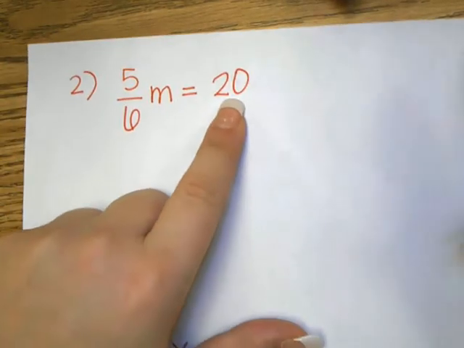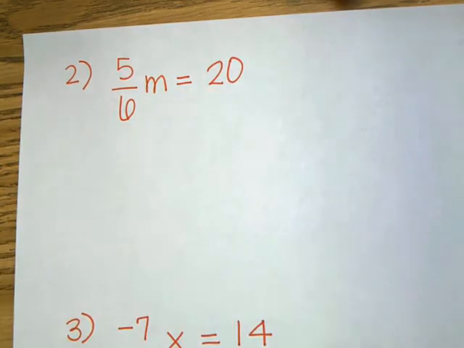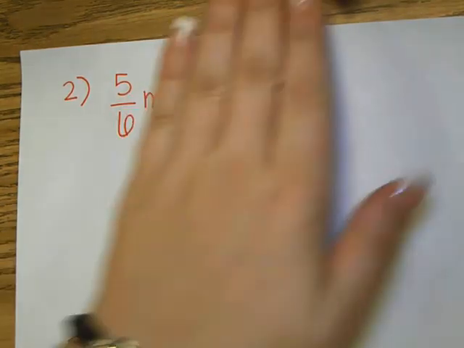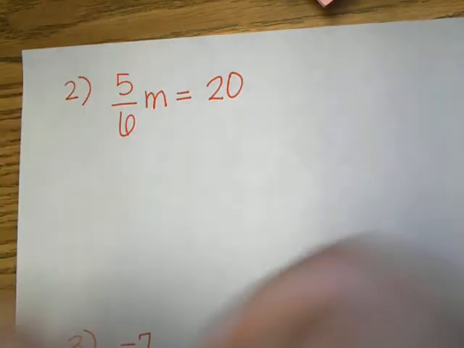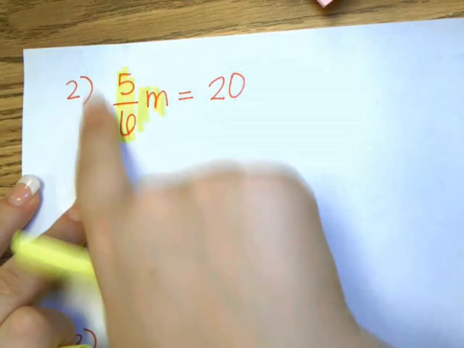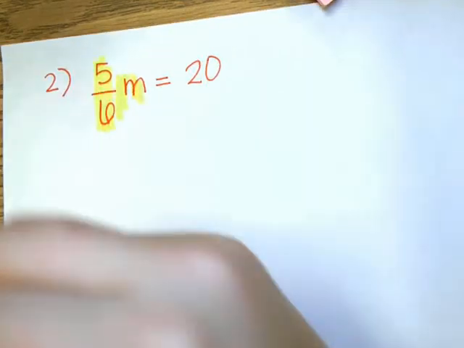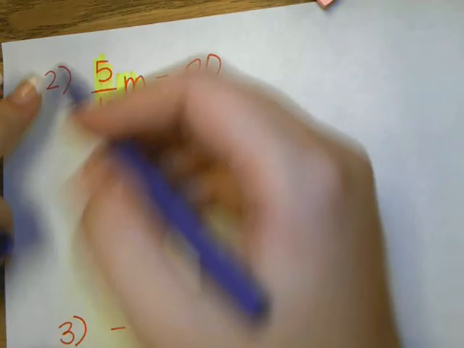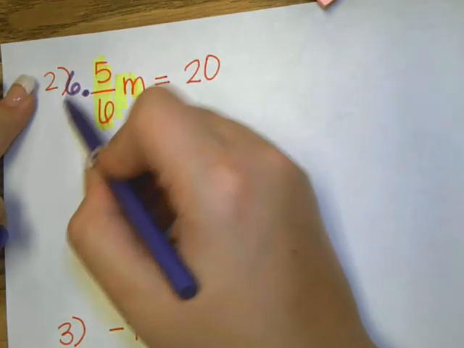Okay, so let's do some examples here. Let's take a look at example 2. Go ahead and put a 20 there. I'm going to do them on a separate sheet of paper so I have more room here. So step 1 is to simplify. I can't simplify the left, I can't simplify the right, so I'm going to highlight the variable. And if there's nothing there on the outside of what I highlighted, I'm ready to divide. But it's a fraction, so I can't divide.